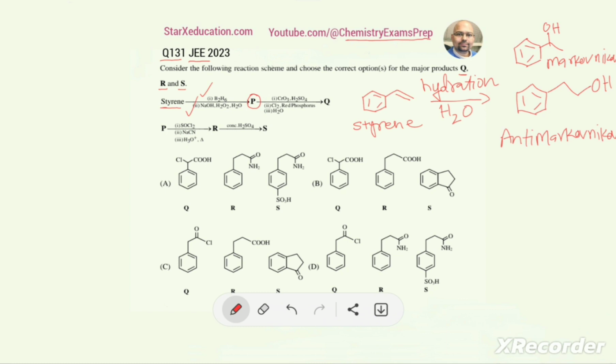Now, the next reaction is the oxidation of this alcohol intermediate product in presence of chromium trioxide and sulfuric acid. So this is a very strong oxidizing agent, and once the oxidation happens, we are not discussing the mechanisms of these reactions here, but they are important.